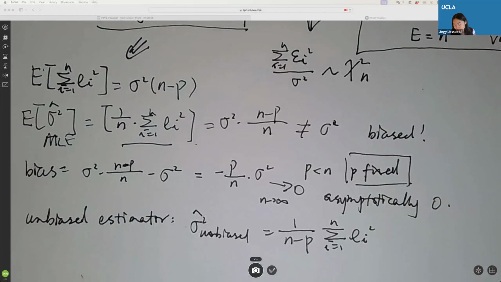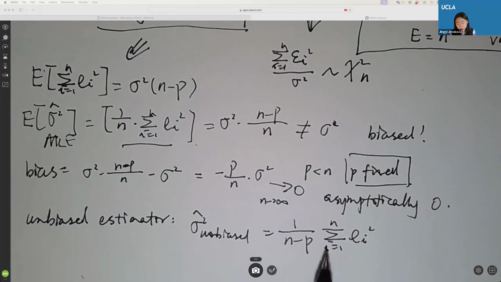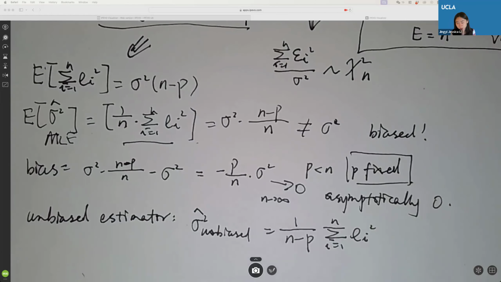Okay, and I think this provides the justification of why in some software packages you would have sigma squared estimated using this denominator, n minus p, instead of n. But it might differ sometimes from function to function, so make sure that you know which one you're using. If your n is very large compared to p, their difference is negligible, right? Doesn't matter that much. But if your n is small, then it becomes more important whether you want to have the unbiased estimator. Okay, any questions for now?